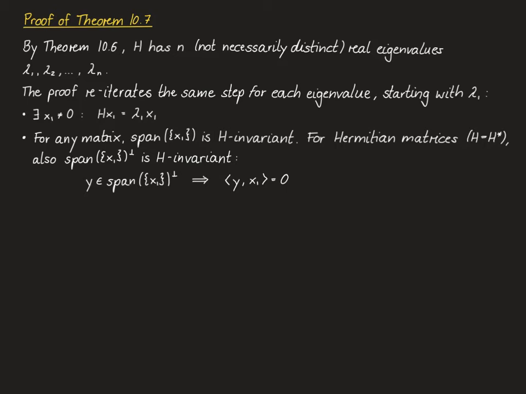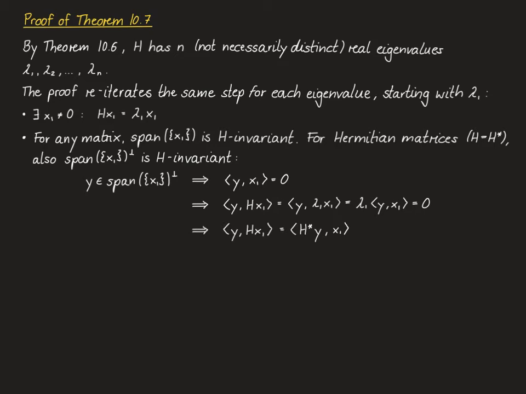This can be seen from the following little argument. We pick any vector y in the orthogonal complement of the span of x1, which means that the inner product of y with x1 is equal to 0. Therefore, also the inner product of y with H times x1, which is the same as the inner product of y with lambda 1 times x1, which by linearity of the inner product is the same as lambda 1 times the inner product of y with x1, is equal to 0.